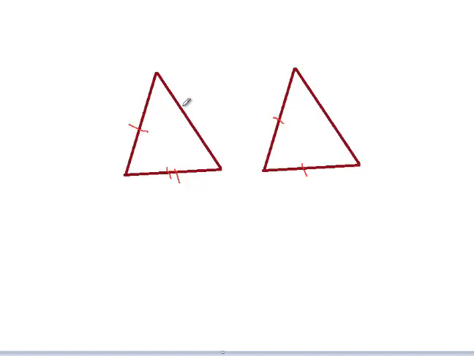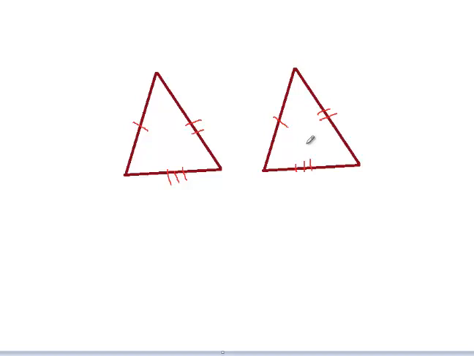You don't have to prove all 6 things. If you did, it would make things a lot harder. There are 3 ways that you can establish that triangles are congruent to each other. Number 1 is if you just prove that all the sides are equal to each other. This is equal to that, this is equal to that, and the third one is equal to the third one. This means that the two triangles are congruent.